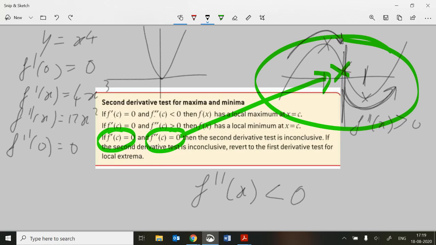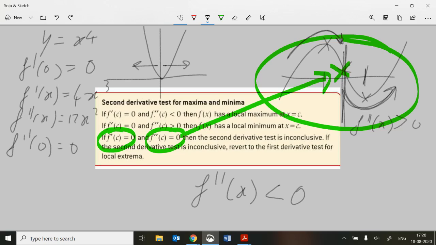So at that point, you're then going to need to go back to the first derivative test and look at the first derivative, and see if it gives us a gradient which is greater than 0 to the right hand side, and a gradient which is less than 0 to the left hand side of that turning point.